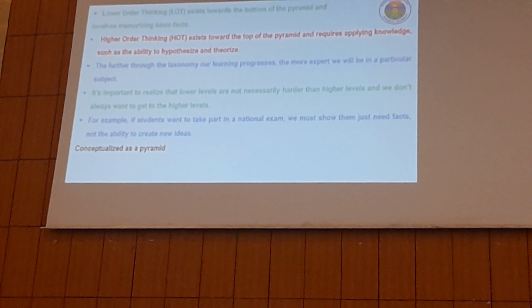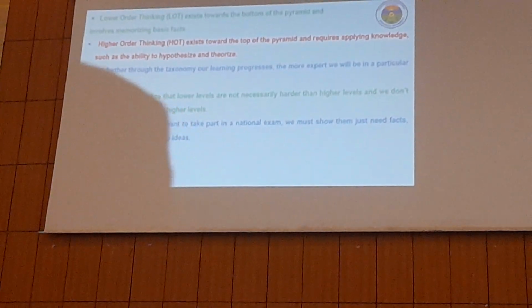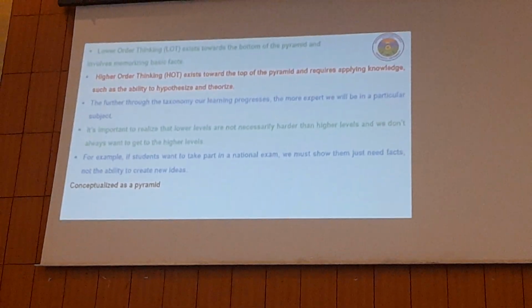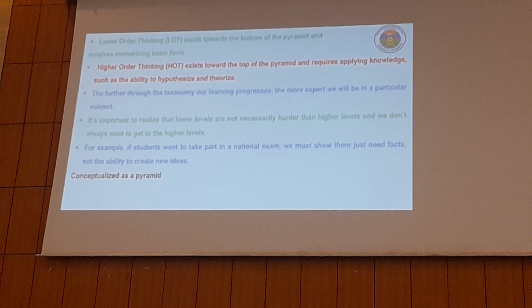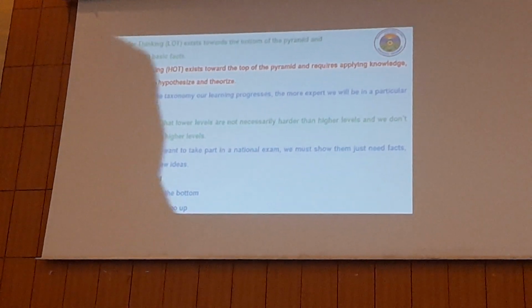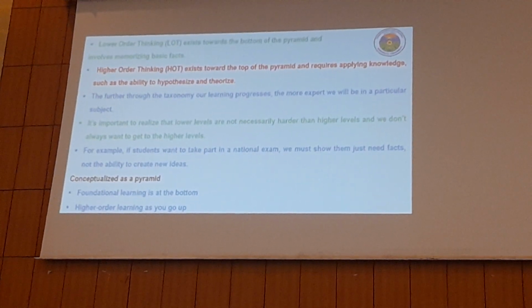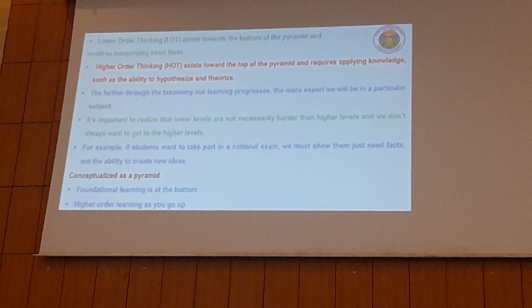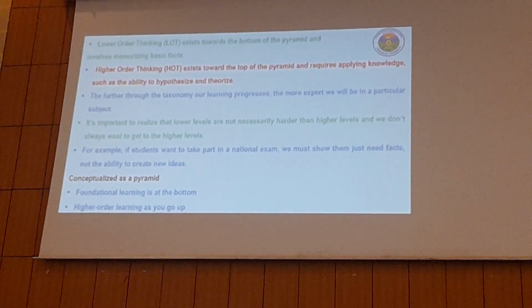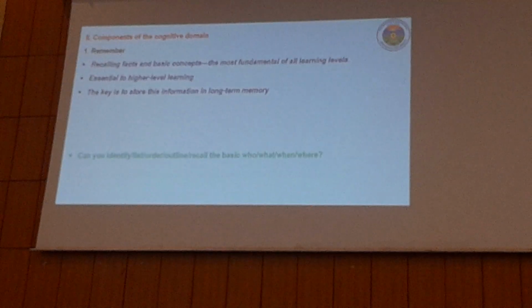I think this is one of the issues. The higher order thinking exists toward the top, and it could be used in that order. This is the reason why the conceptual framework is for fundamental learning. The bottom levels are the fundamental, and most of our work is this one.